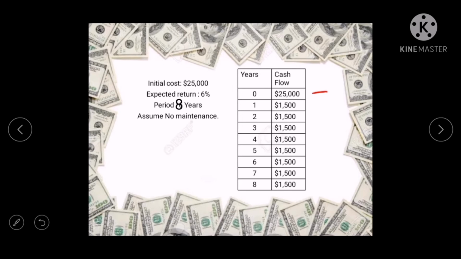So every year may babalik na 6% sa presyo ng original price ng biniling equipment. So 6% ng 25,000 is 1,500. So every year merong revenue na 1,500.